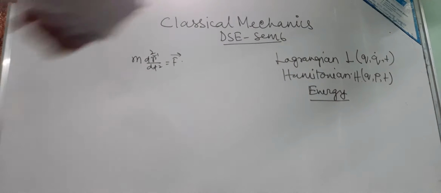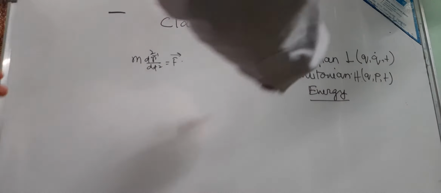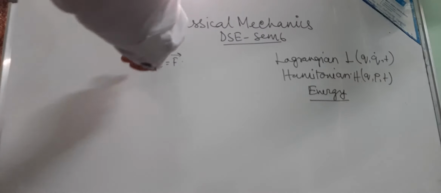These are all scalars, and these two are totally based on energy. So we derive the Euler-Lagrange equation or Hamilton's equations. To study the equation of motion there, we need the concept of energy, whereas here we need the concept of vectors.